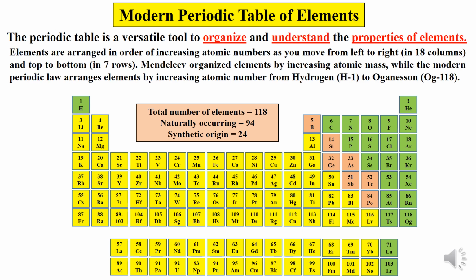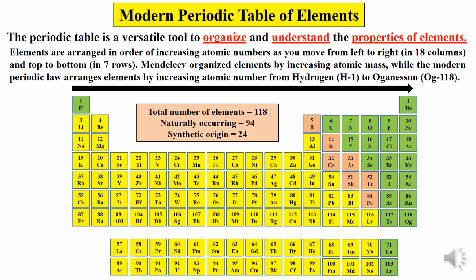Now, these 118 elements are arranged in the order of increasing atomic numbers as you move from left to right in 18 columns and top to bottom in 7 rows. Mendeleev organized elements by increasing atomic mass, while the modern periodic law arranges elements by increasing atomic number from hydrogen to oganesson.